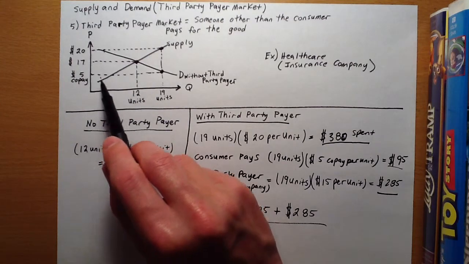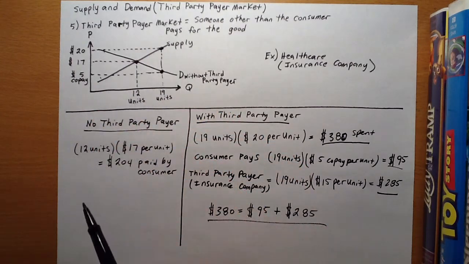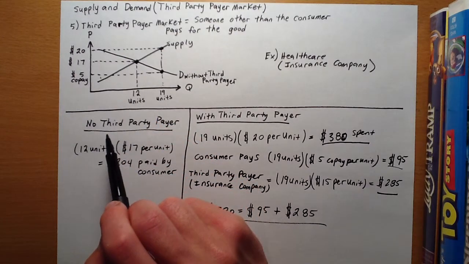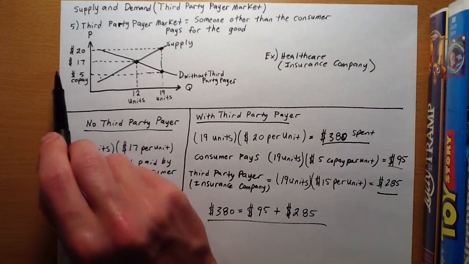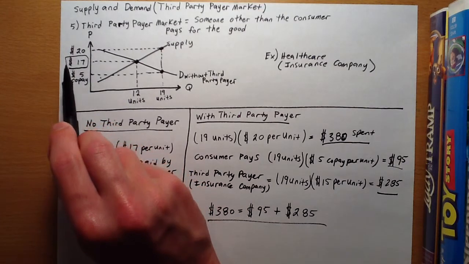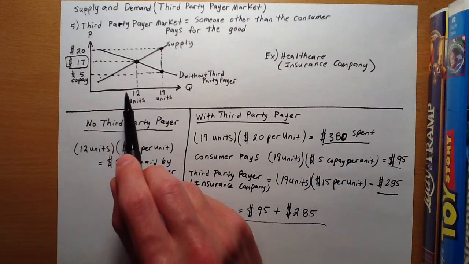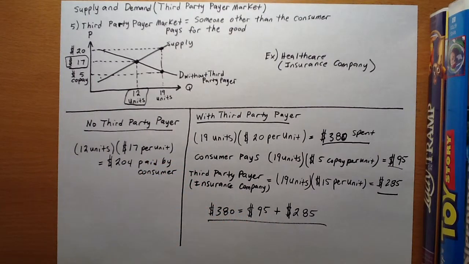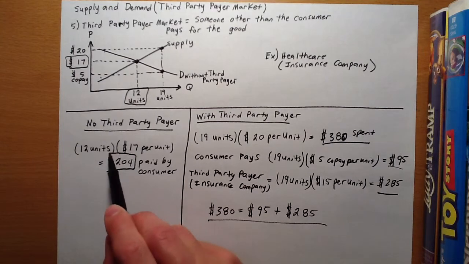So it's going to be where the supply curve intersects the demand curve. Right here, the equilibrium quantity. At this point, medical providers are going to charge $17 for this number of units, and only 12 units are going to be demanded. We are only going to ask for 12 doctor visits. So we are going to pay 12 units times $17 per unit. We're going to pay $204.